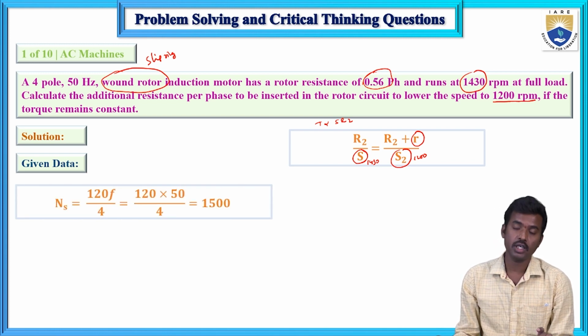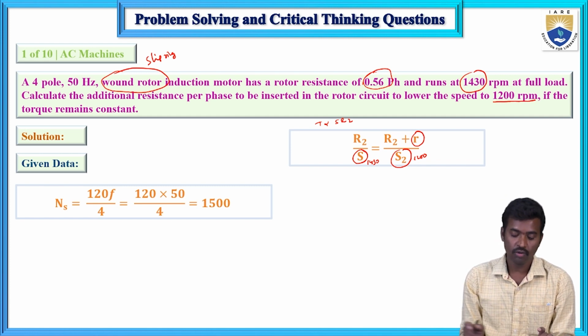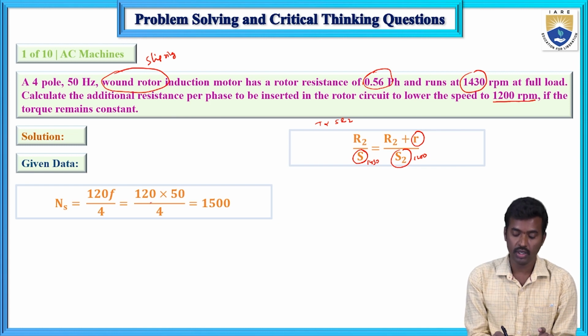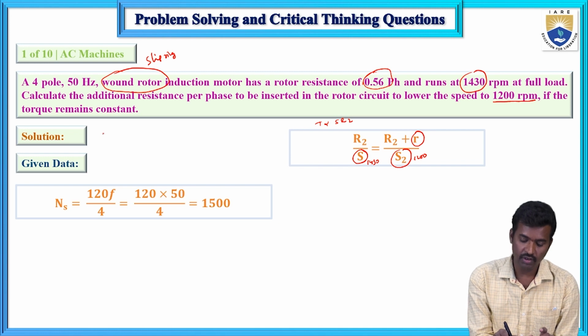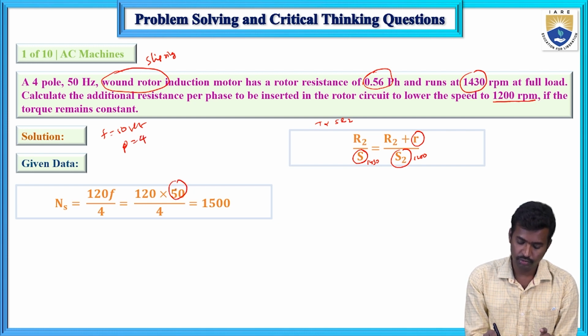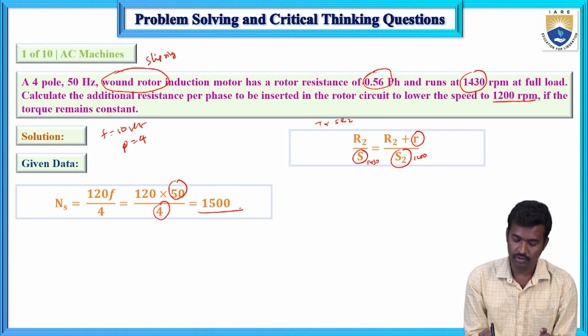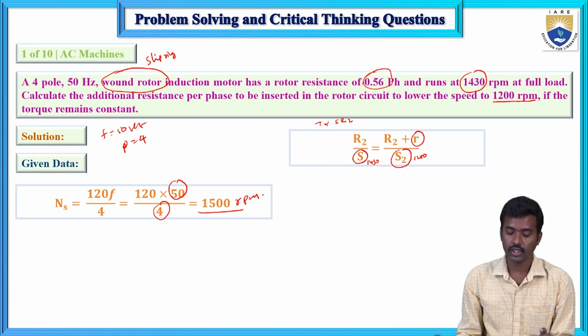To calculate the slip value, we need the synchronous speed first. What is the synchronous speed formula? It is 120 F by P. Here the frequency F equals 50 Hz and the number of poles is 4. So with frequency and poles, the synchronous speed of the induction motor is 1500 rpm.